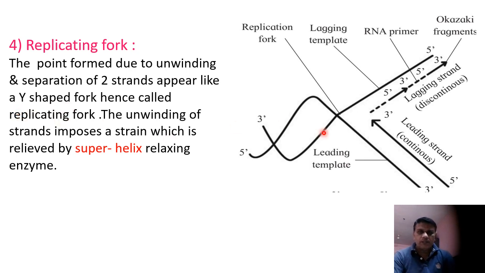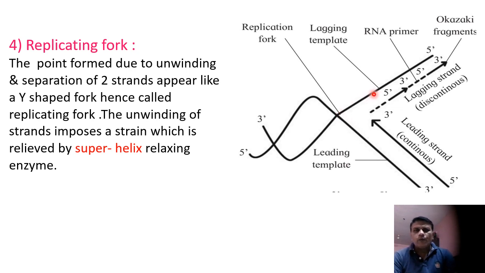Here we can see in this diagram that the two strands have separated from each other, and this Y-shaped structure is called a replicating fork.